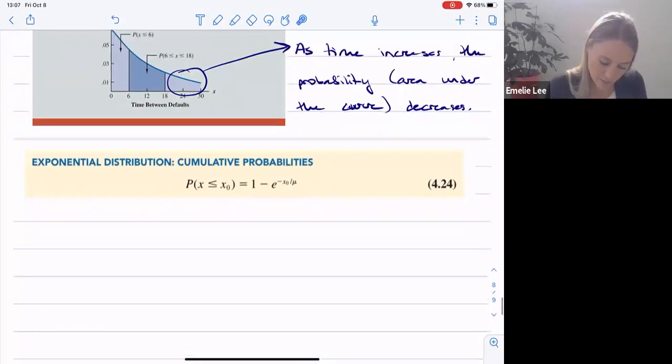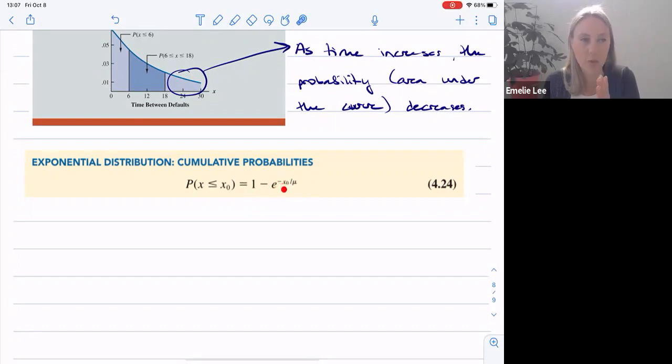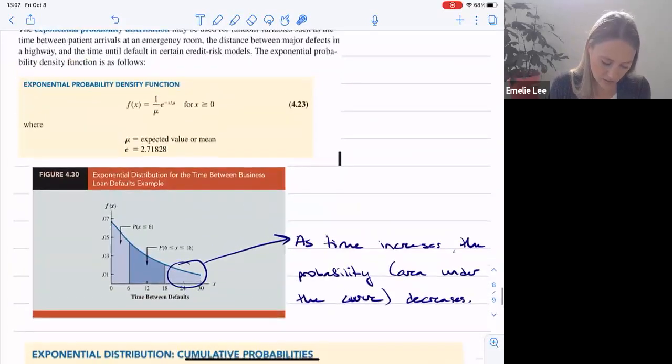For exponential distributions, it's just going to be 1 minus e to the negative x naught, which is that cutoff point, divided by mu, which is the expected value or the mean. So what's the expected time between defaults in this situation.